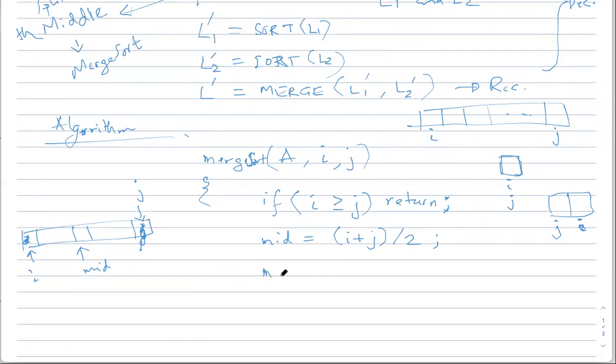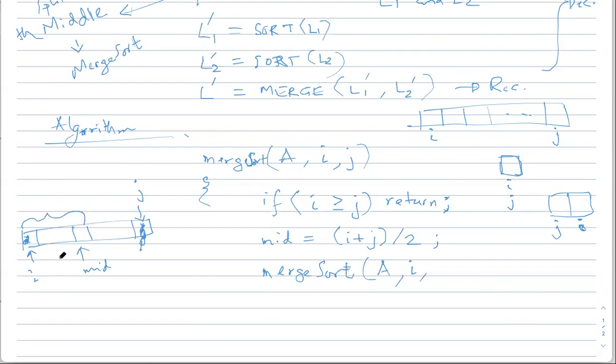So what should I write down for this recursive call of merge sort? I can write down A here, but what should be the range here? What are we sorting here? Mid minus 1. Correct. So we can go from i.